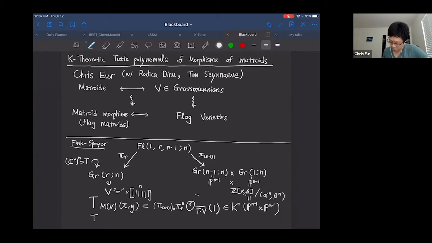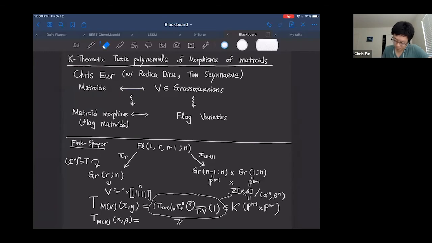So I can consider what this class is expressed in terms of these alphas and betas. And the theorem was that if I plug in alpha, beta here, that exactly equals this class that I wrote down above.